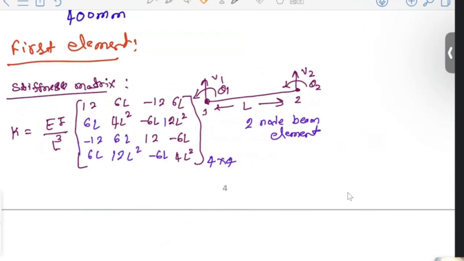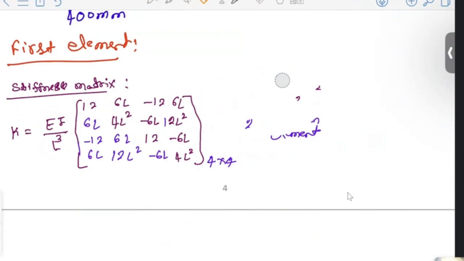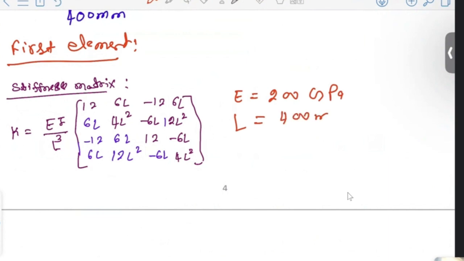I will just remove this one. Here, given that E equal to 200 gigapascal, L equal to 400 mm, I equal to 10 to the power 5 mm to the power 4.